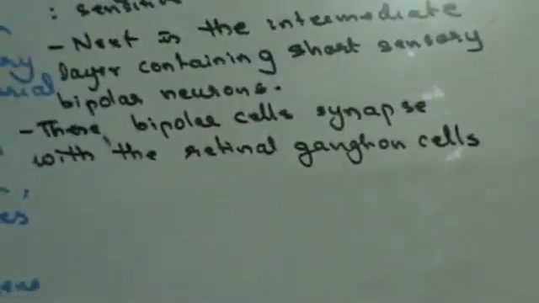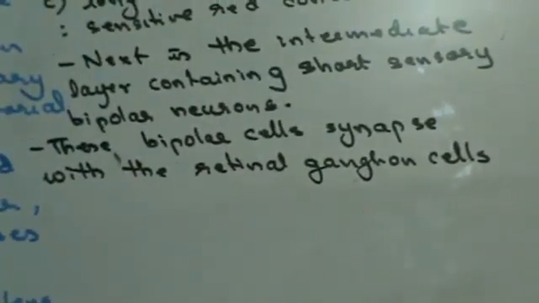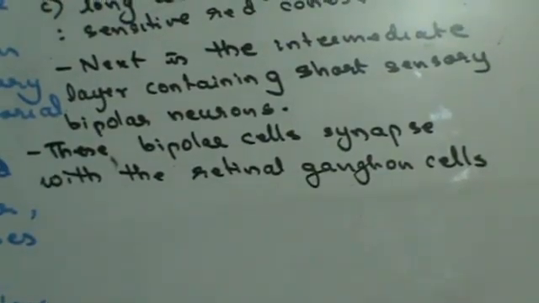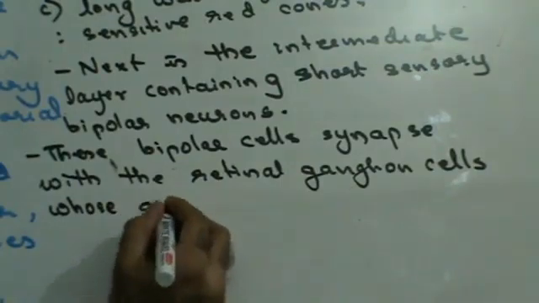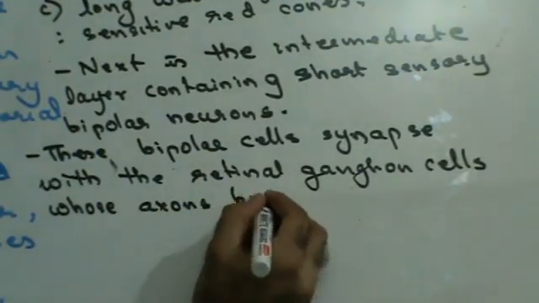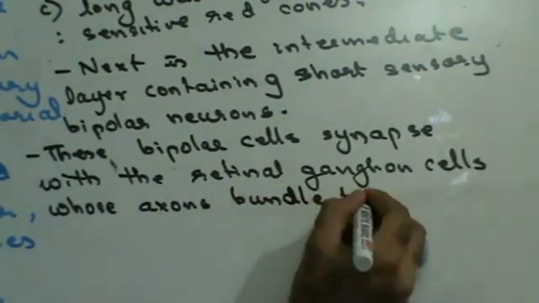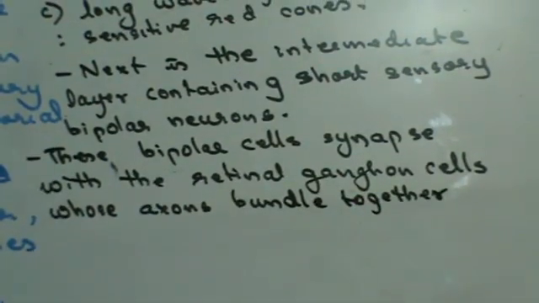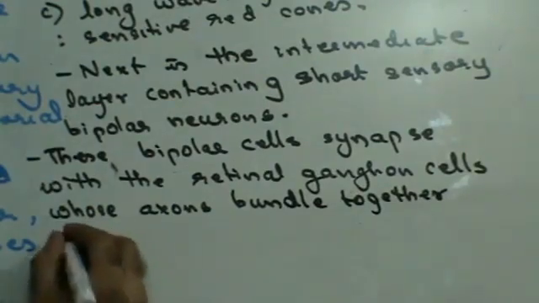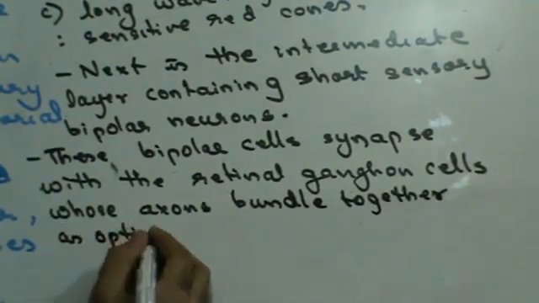That means they receive the impulses from the retinal cells whose axons bundle together as optic nerves.